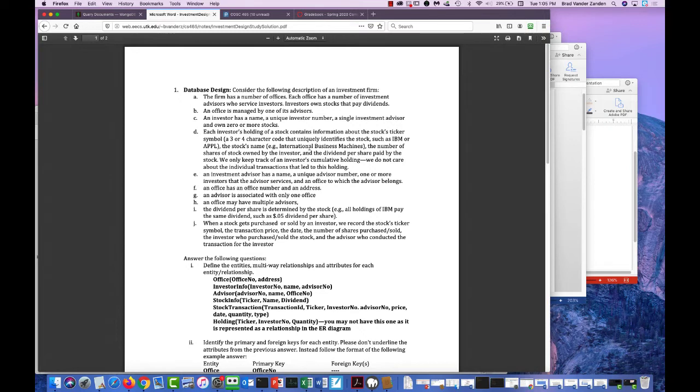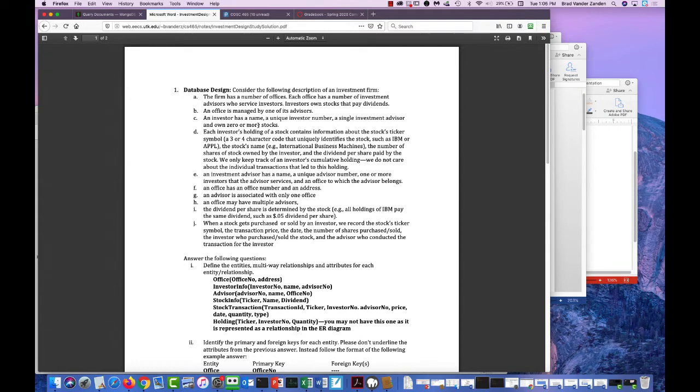Now notice we don't have stocks here, but anytime a relationship is one-to-many, we can't have multi-valued attributes. It's not really a multi-valued attribute, but we can't represent multiple values.